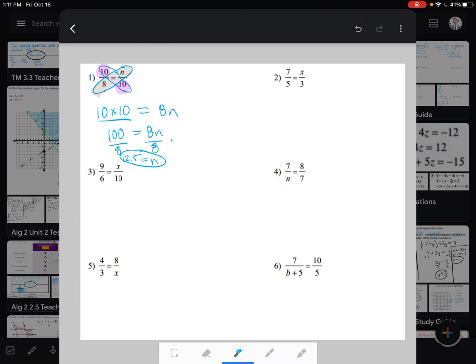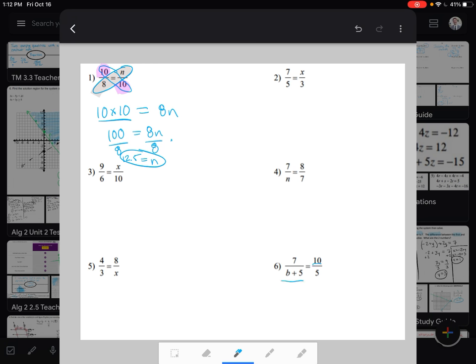If we divide 10 by 8, we get 1.25. If we divide 12.5 by 10, that also gets us 1.25. So we kept our proportion constant. That's why we know our n value has to be 12.5.